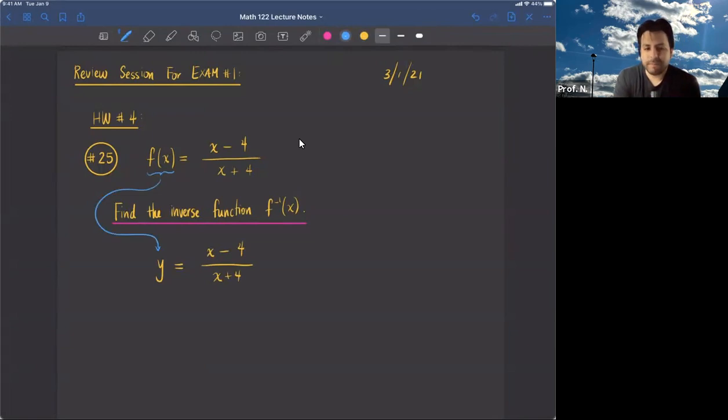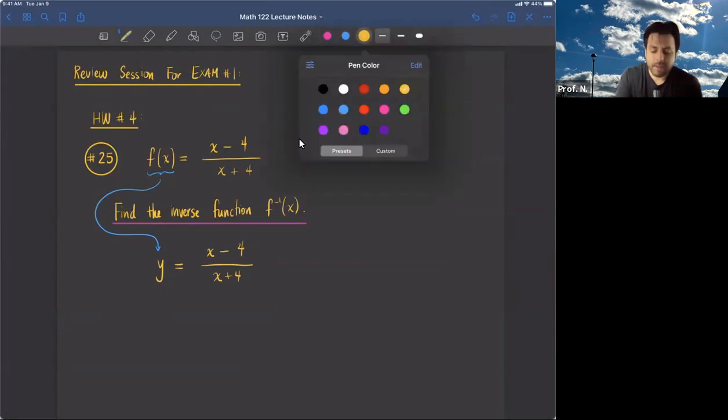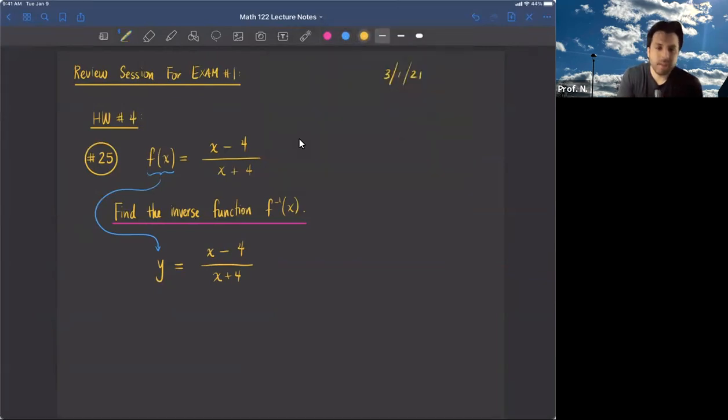What's the next step when we want to find the inverse function? So once we have this set up here, what do we do? We switch the, very good, Andrew. We switch the x and the y. So we swap, let me write this in blue here. So let's swap x and y.